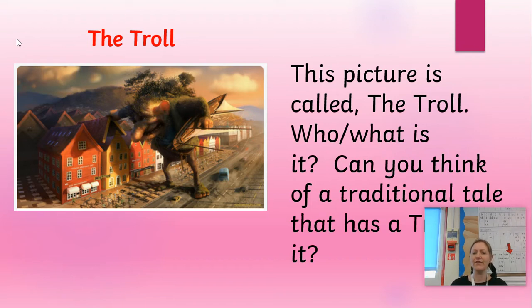Can you think of a traditional tale that has a troll in it? Look at that picture and then have a think. Can you think of a traditional tale that has a troll in it? Try and use your knowledge, things we've already learned about traditional tales, to help you here.